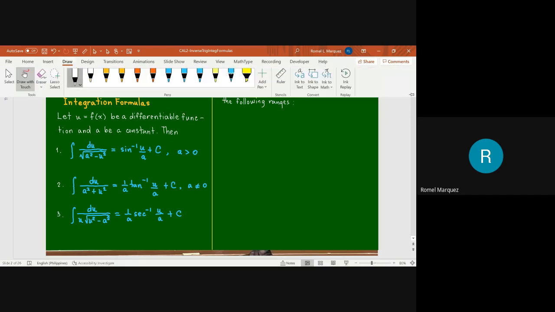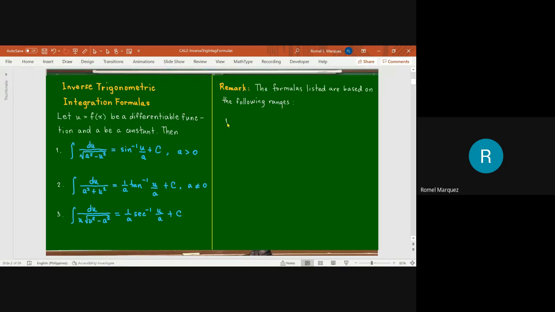So for number one, we have inverse sine of u, where u is in the range negative pi over 2 to pi over 2.